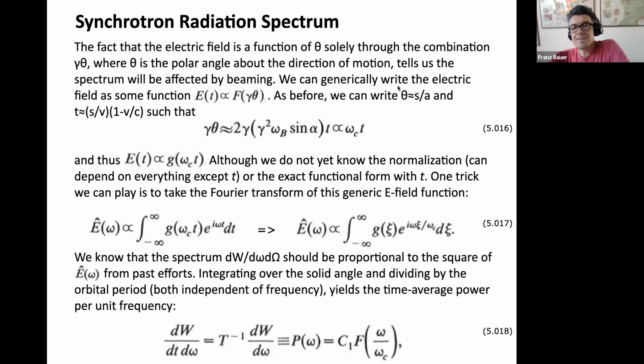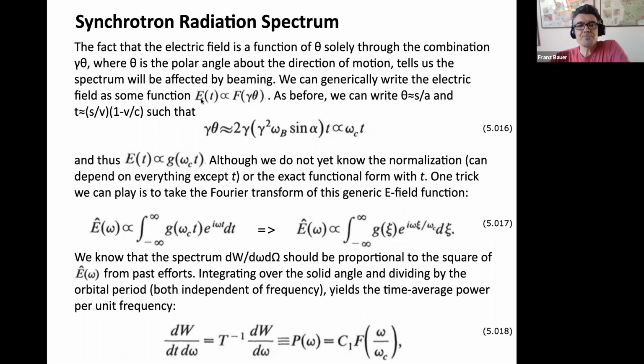And so as before, we can write theta in terms of the path length and the radius of curvature. And we can write time, the arrival time, as this path length divided by velocity times our Doppler shift. And so in doing that, this functional form can be translated to something which looks like this. And this thing is just proportional to this cutoff frequency times time.